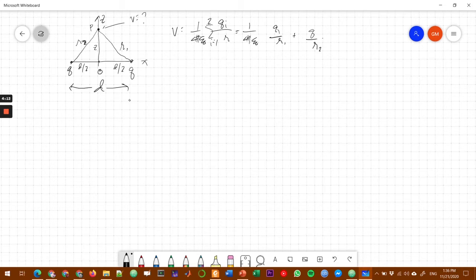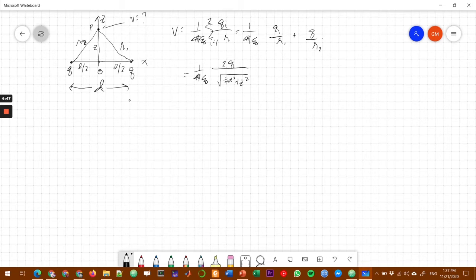Therefore, we have 1 over 4 pi epsilon naught, and R1 and R2 are equal, so we combine them. It's just the square root of d squared over 4 plus z squared, using the Pythagorean theorem.